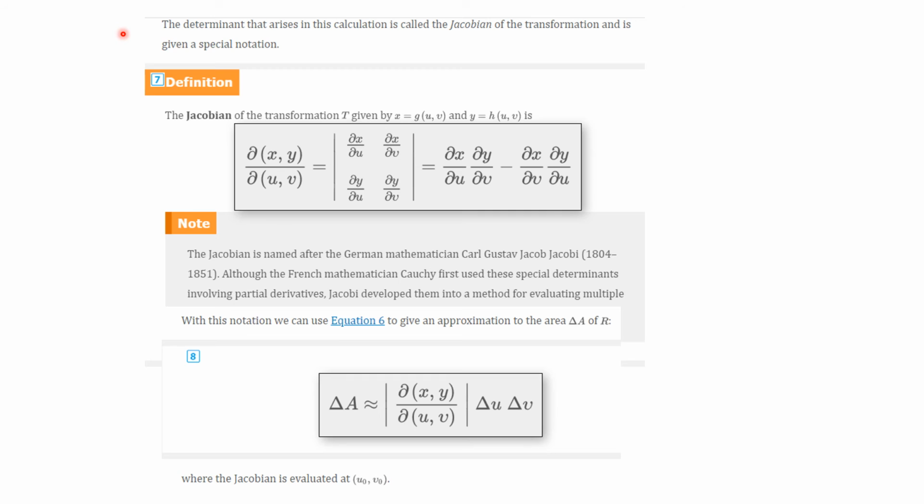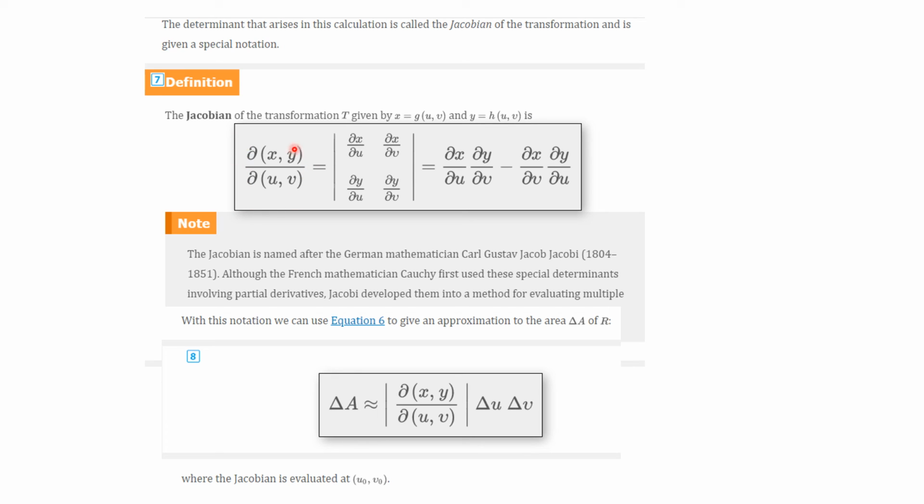Finally, the determinant that arises in this calculation is called the Jacobian of the transformation and is given a special notation, illustrated with this definition. The Jacobian of the transformation T, given by x equal g of u, v and y equal h of u, v, is given by this. This is a symbolism.